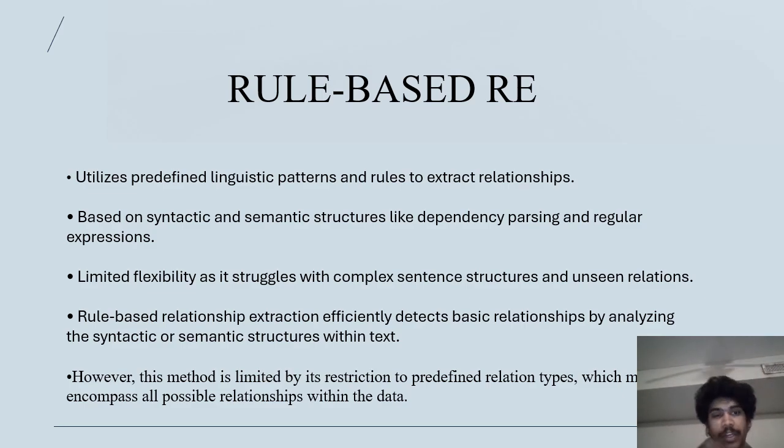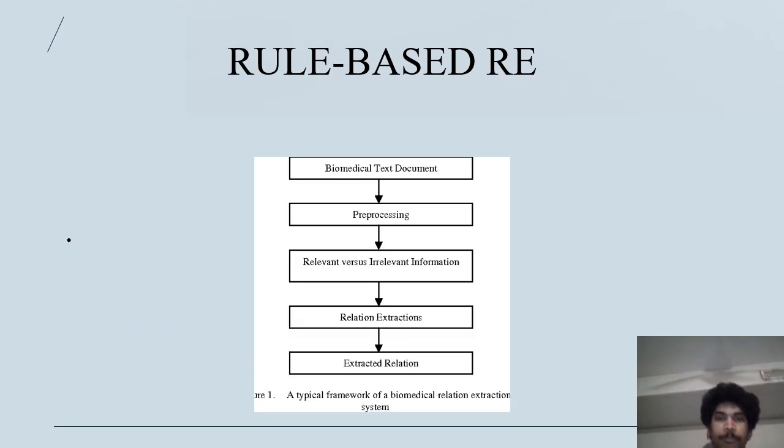While this method is effective for recognizing basic relationships, it has limited flexibility, and it struggles with relationships that it has not been explicitly programmed to recognize. In simple terms, rule-based extraction works well for well-defined, straightforward relationships. However, its limitation lies in only being able to capture predefined relationship types, leaving out more complex or previously unseen relationships.